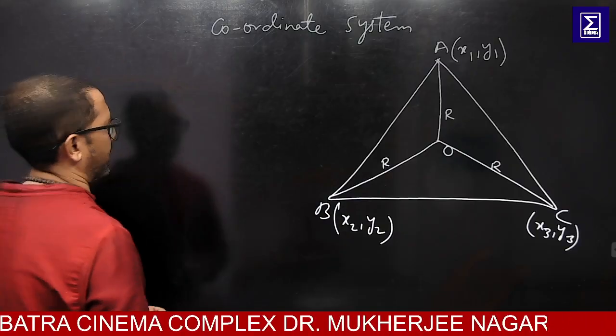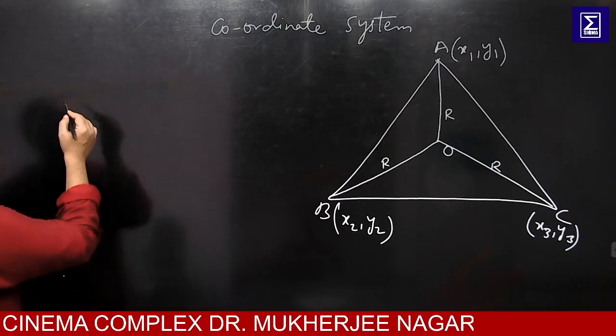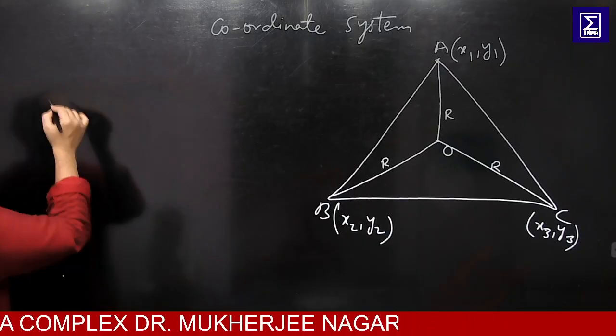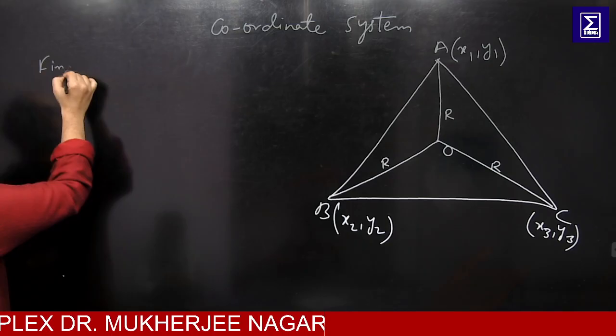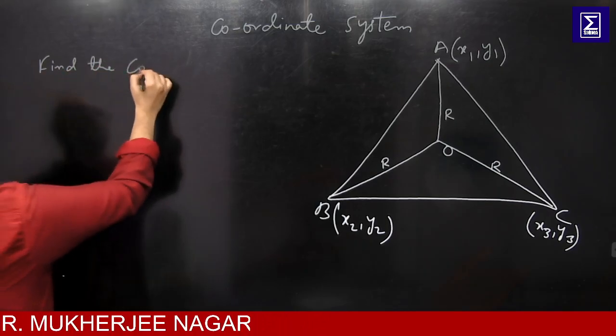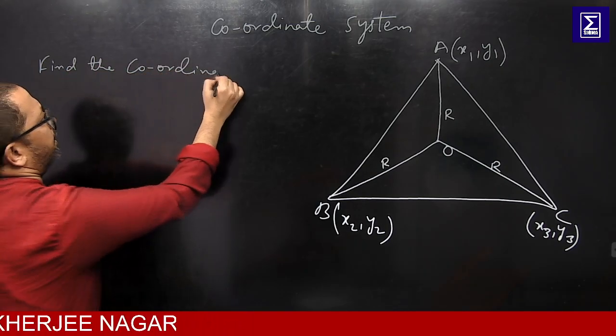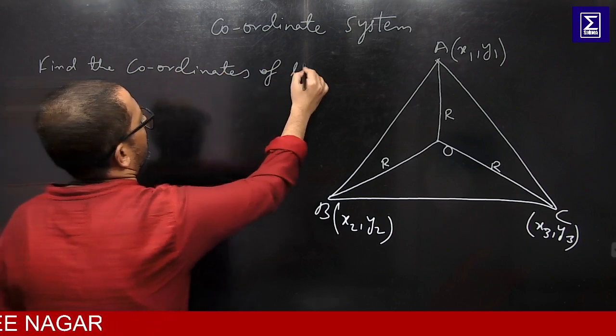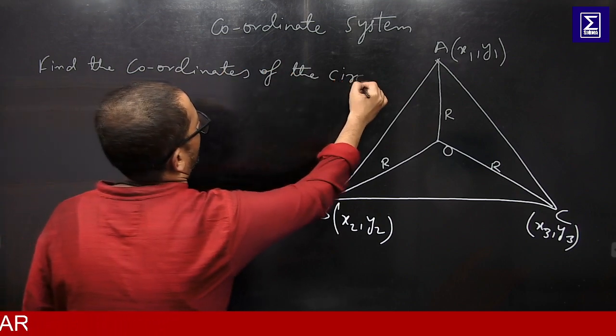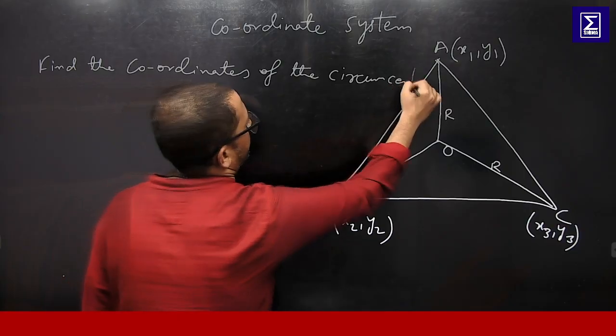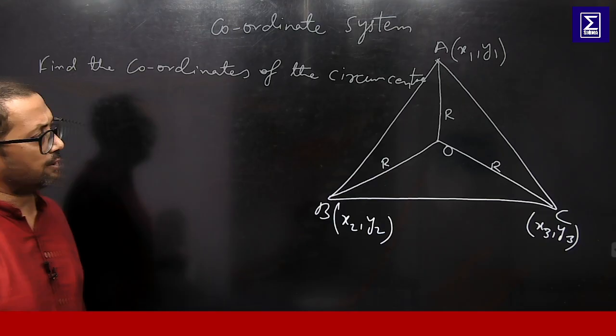What we have to find? We have to find the coordinates of the circumcenter. So circumcenter is O here.